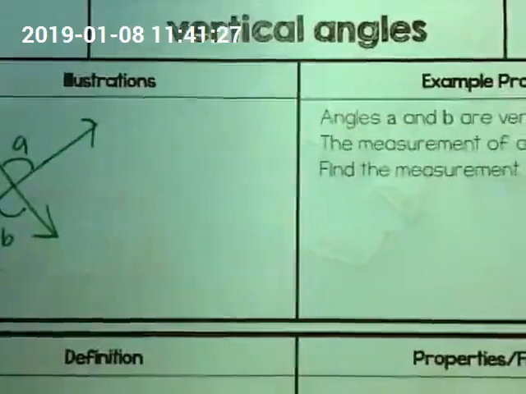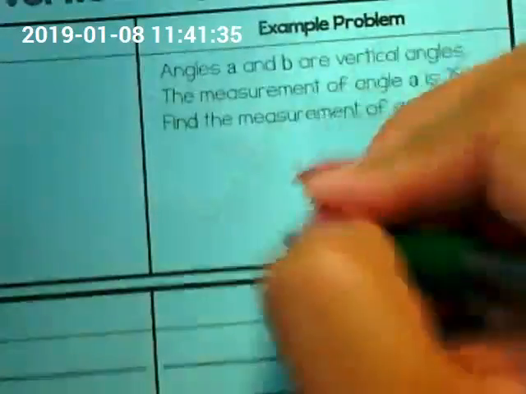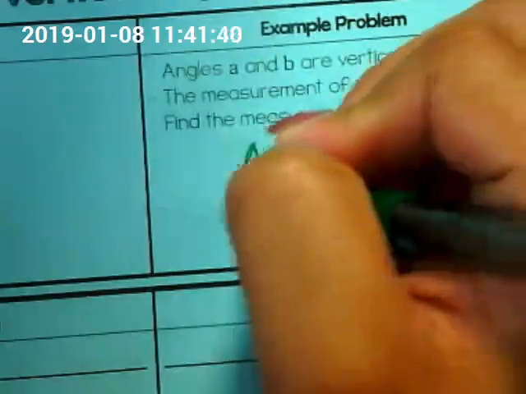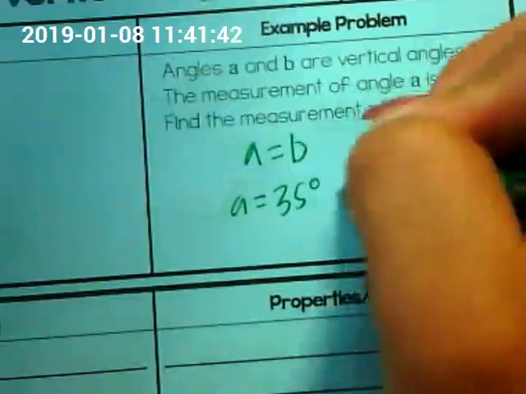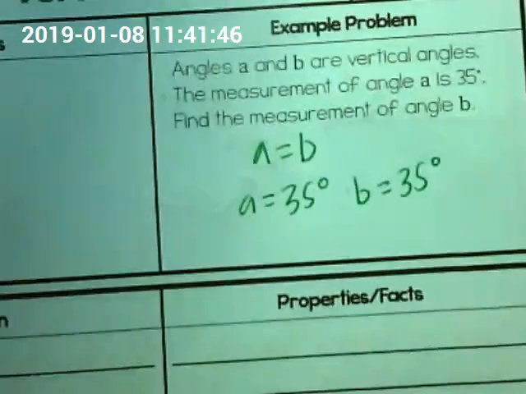So angles A and B are our vertical angles. The measurement of angle A is 35, find the measurement of angle B. So if we know angle A and B are equal, if angle A is 35, B is also 35 degrees. So that's the easiest one. If you notice the vertical angle, you just go ahead and make those equal.